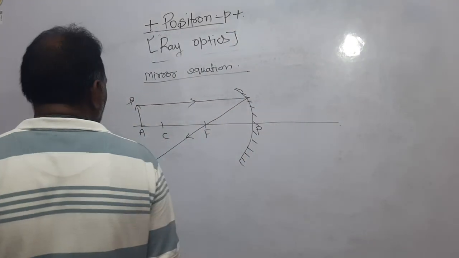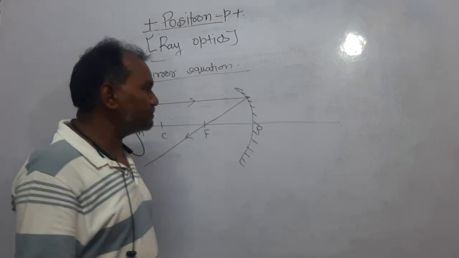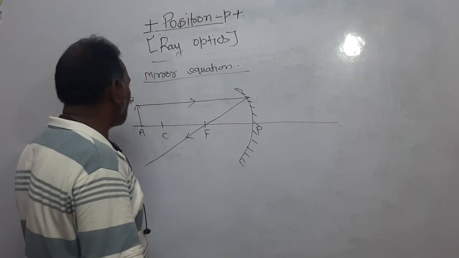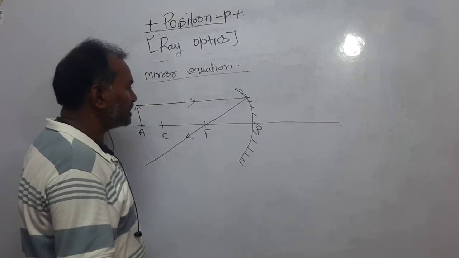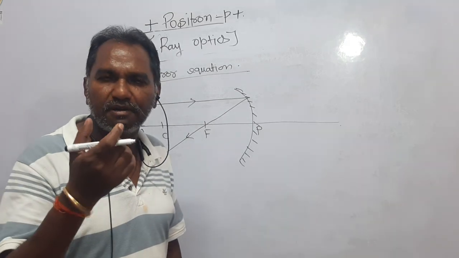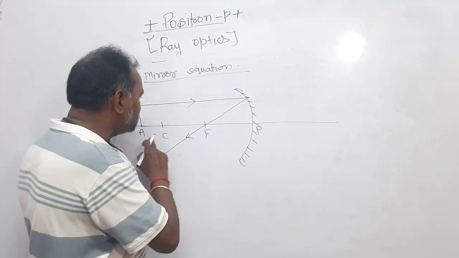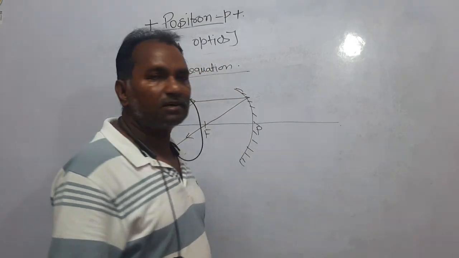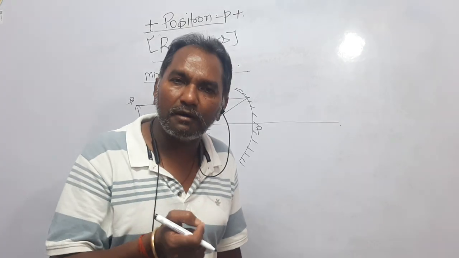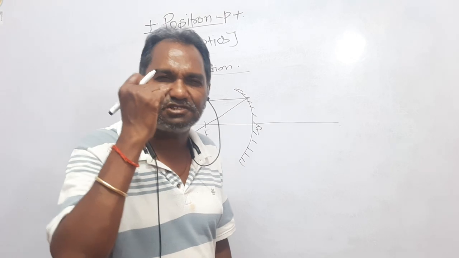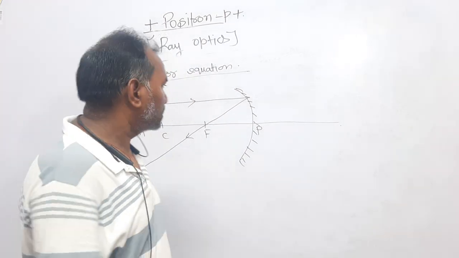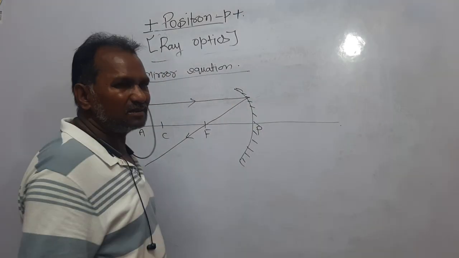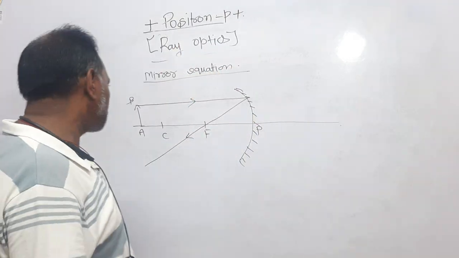Now dear student, in order to make the image of AB from this concave mirror, I have taken one ray parallel to the optical axis. The optical axis is a line joining the center of curvature and the pole of the mirror, and the pole of the mirror is actually the geometrical center of the mirror, in simple language the midpoint of the mirror.